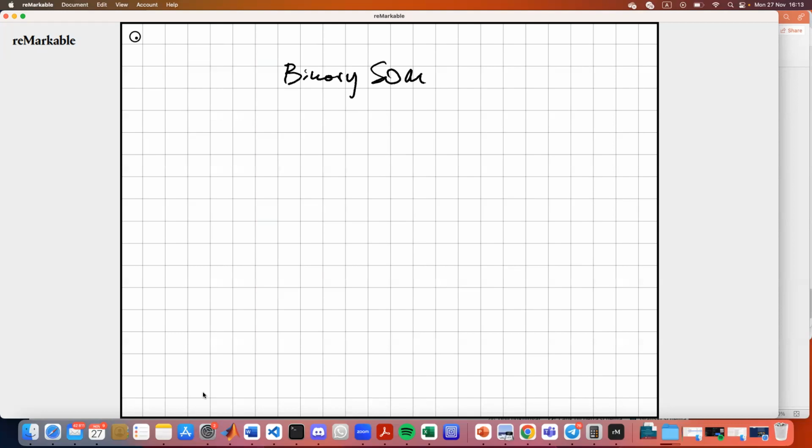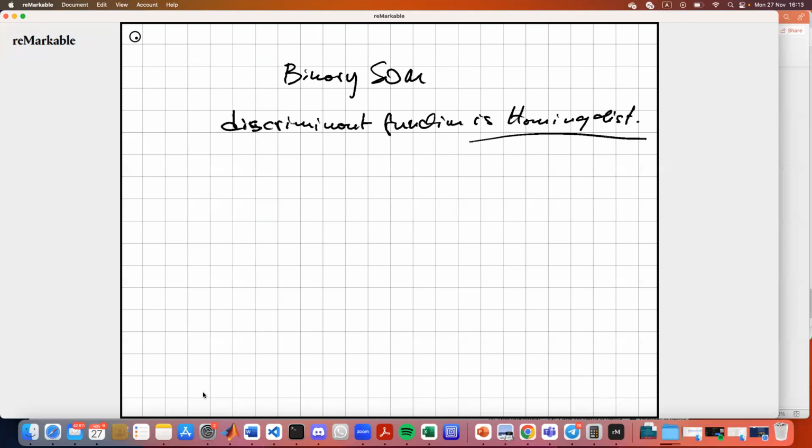In binary SOM, the discriminant function is Hamming distance. For starters, it's basically how many positions disagree between the binarized weight and the binarized input.